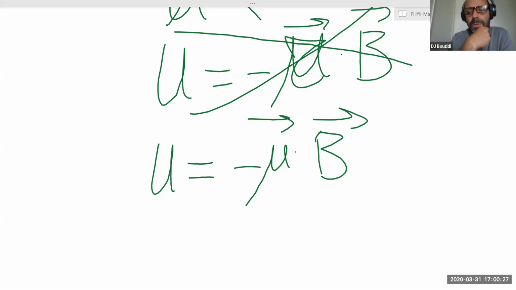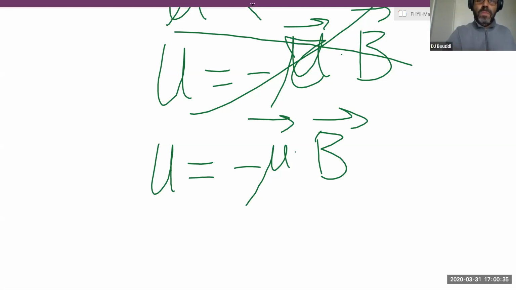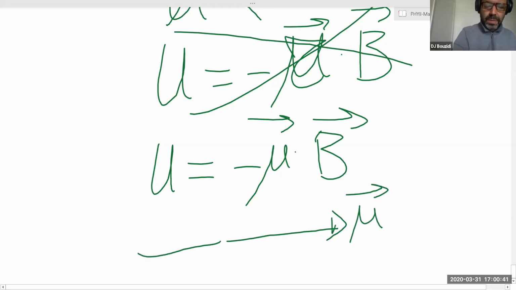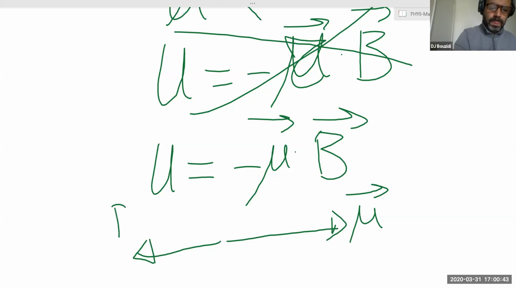In other words, if they are anti-parallel to one another, let's say, for example, this is mu, and this is B. Negative times negative, because this number is going to be negative, so this whole thing is going to be a positive number.